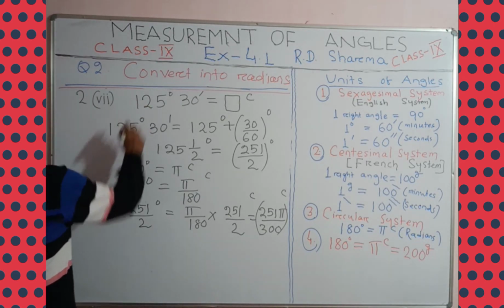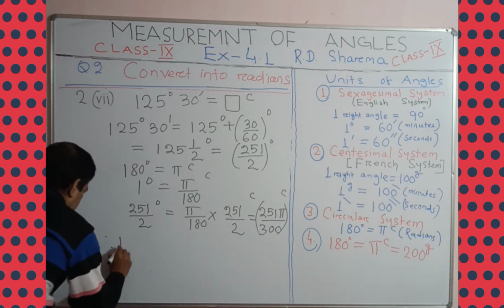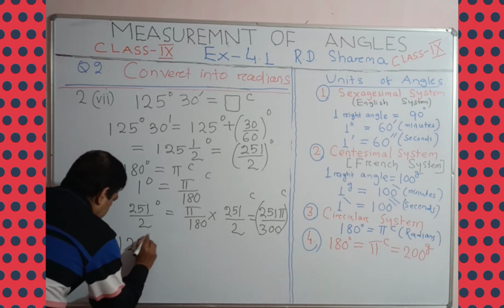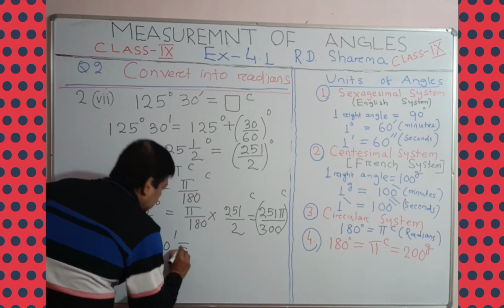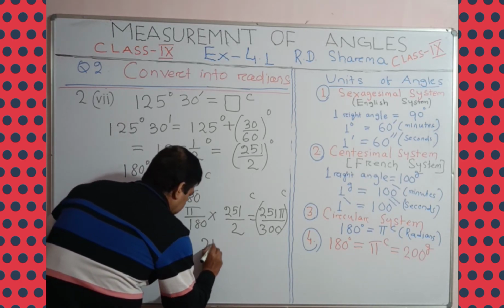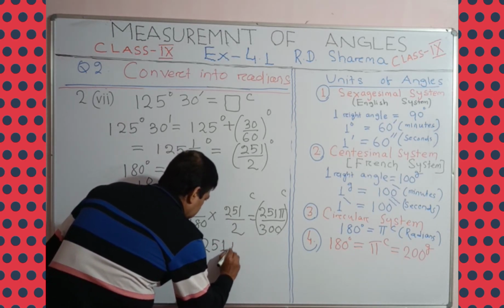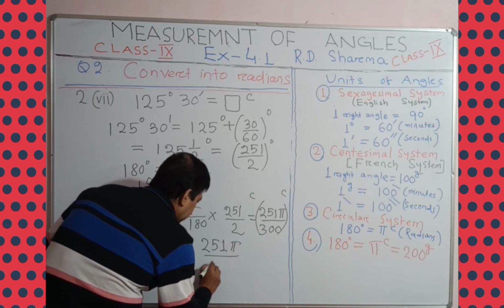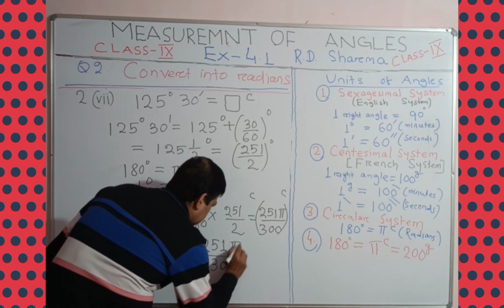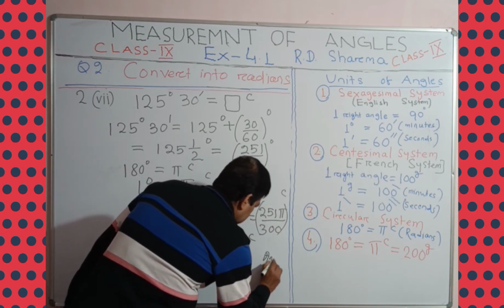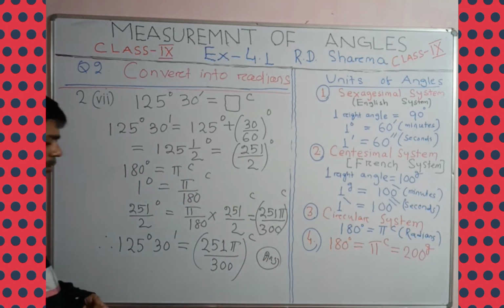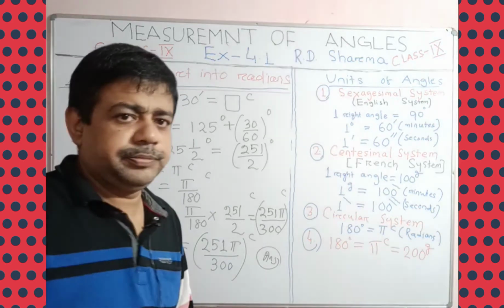It means 125 degree 30 minute is equal to 251 pi divided by 360 radian. Is it clear? Okay, understand?